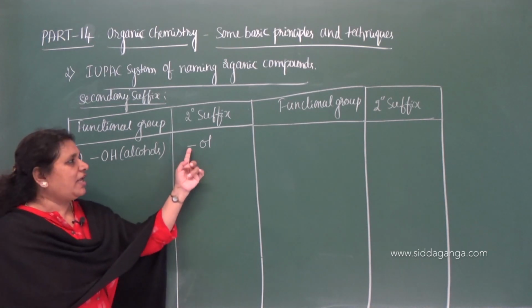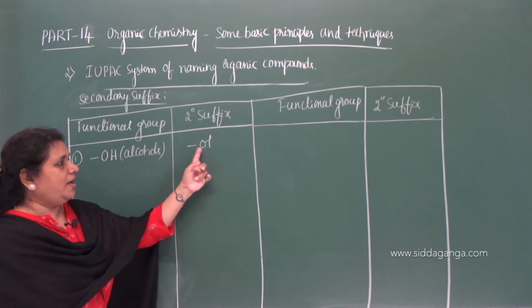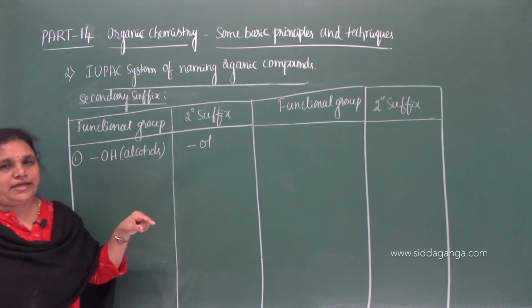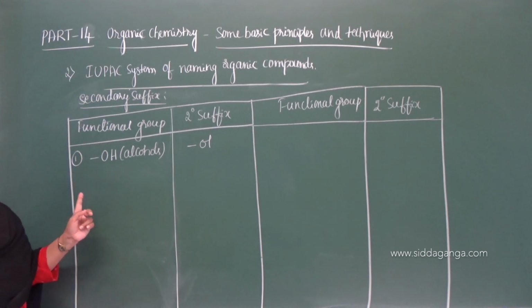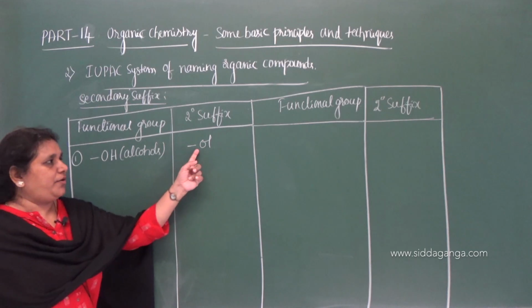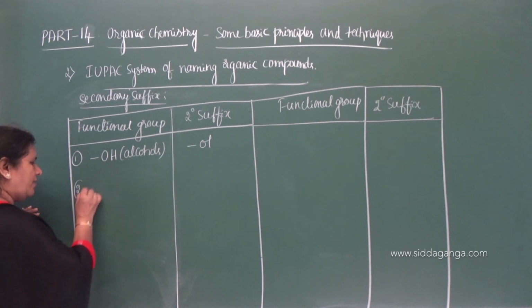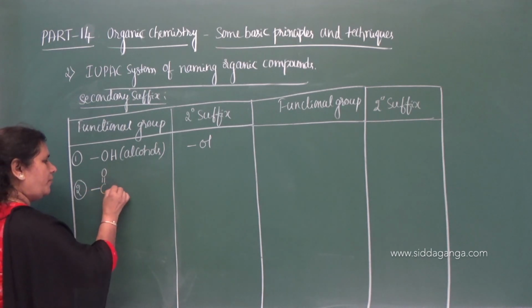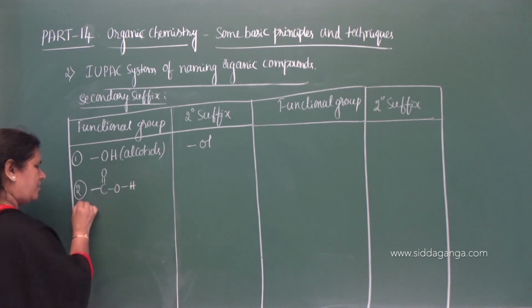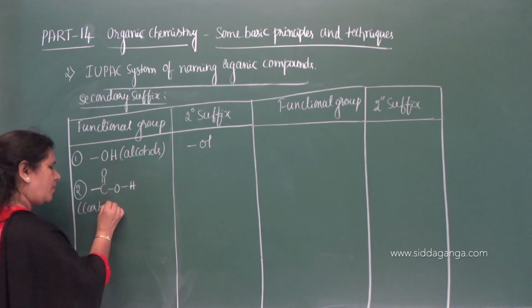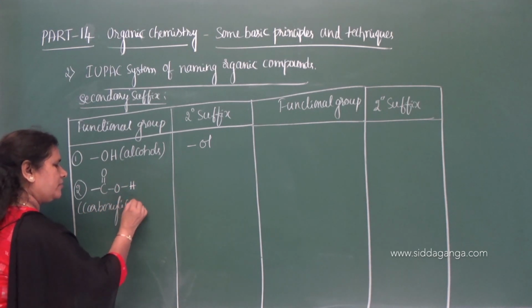So, I have given a hyphen before the suffix because we have to add the secondary suffix to the primary suffix. Therefore, we have to use a hyphen before the suffix. And the second one, that is C double bond OH. You know that it is carboxylic acids.